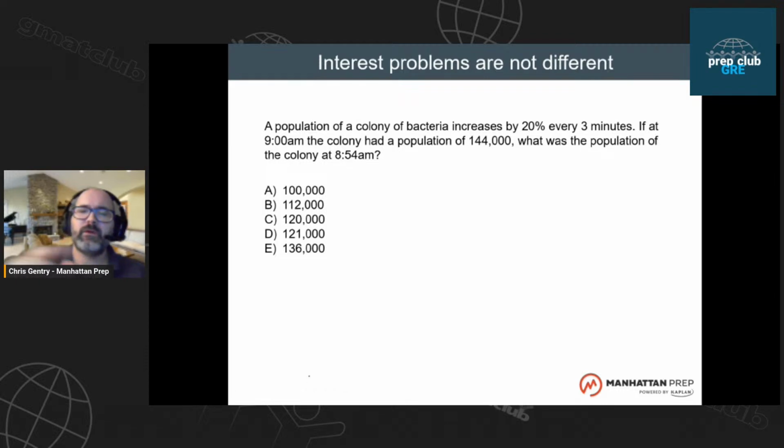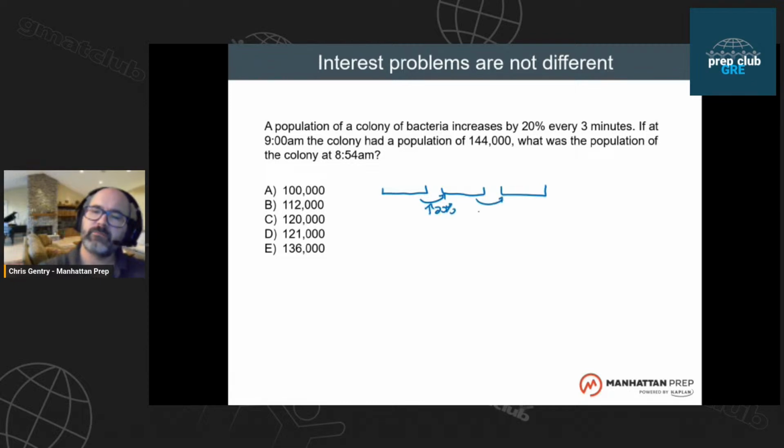And again, I'm a big fan of working from organization for math. I have a colony of bacteria, a really very pleasant problem, right? And it increases by 20% every 3 minutes.